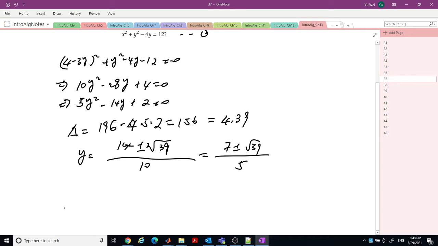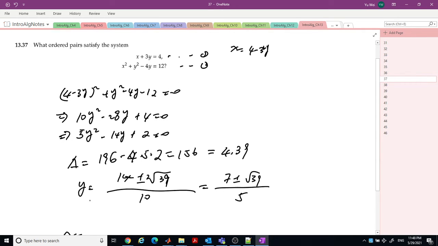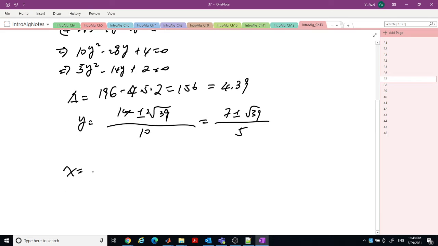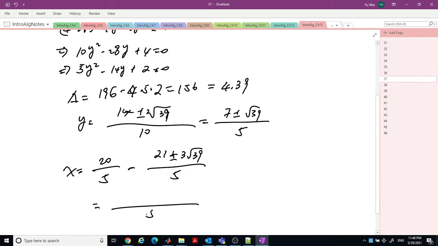Then we solve x, which is equal to 4 minus 3y, right? So the answer will be 5 over negative 1 minus plus root 39.